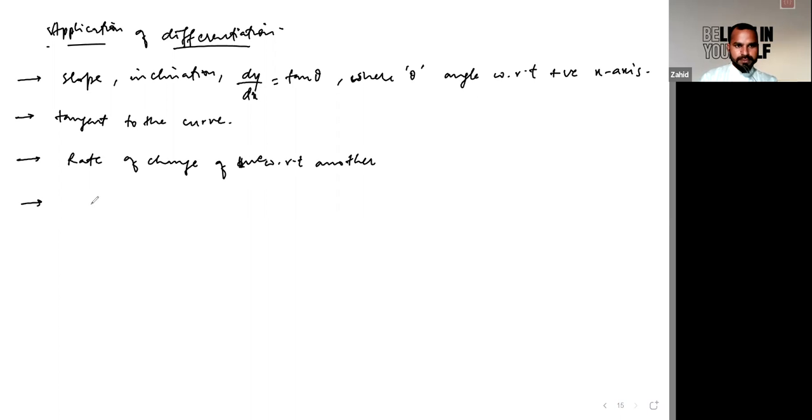Next, it will define instantaneous nature, or instantaneous velocity, instantaneous acceleration, instantaneous speed, and so on. And the last, which is most important, it will define you the maximum or minimum of a function.